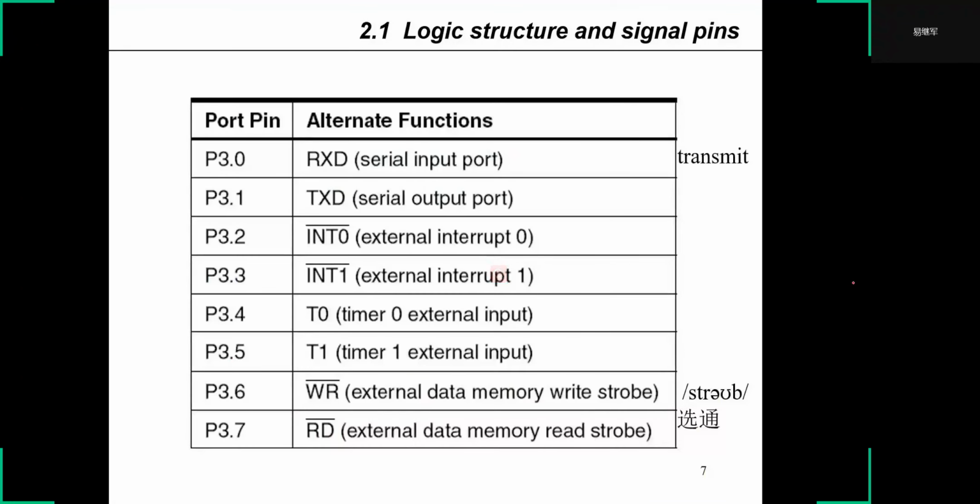This is the alternate function for port P3: serial input port, serial output port, external interrupt 0, external interrupt 1, timer 0 external input, timer 1 external input.